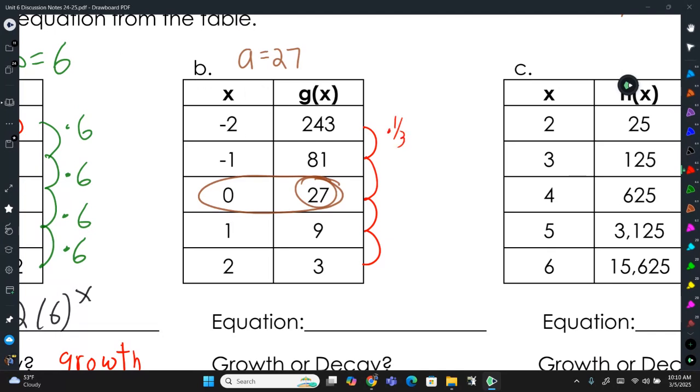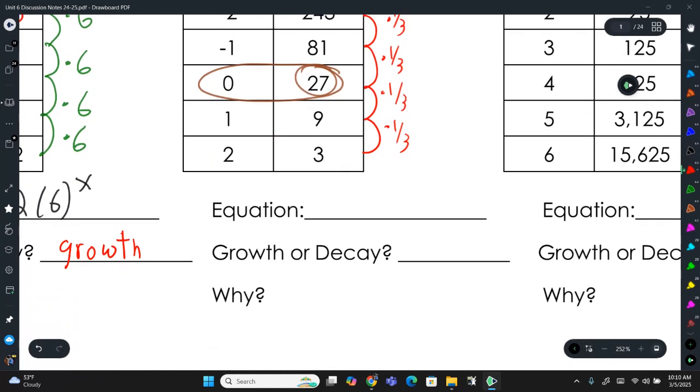So if I were to multiply 81 times 1/3, I get 27. 27 times 1/3 is 9. 9 times 1/3 gives us 3. So our b value is 1/3. So now our equation is y equals 27 times 1/3 raised to the x power.